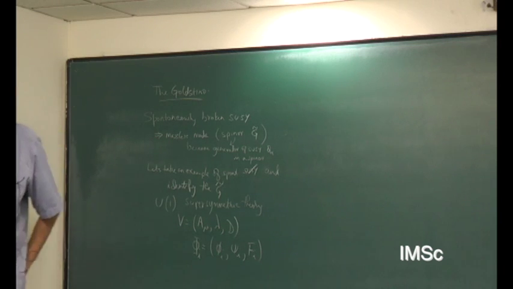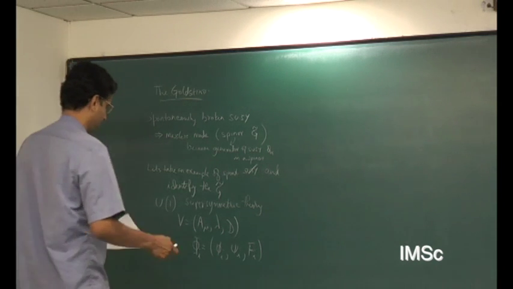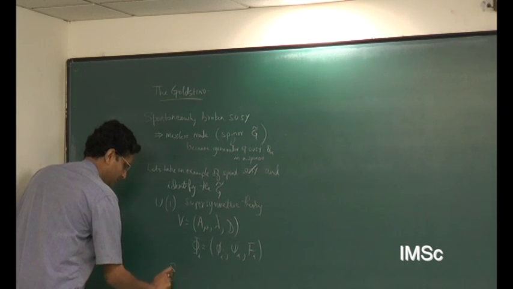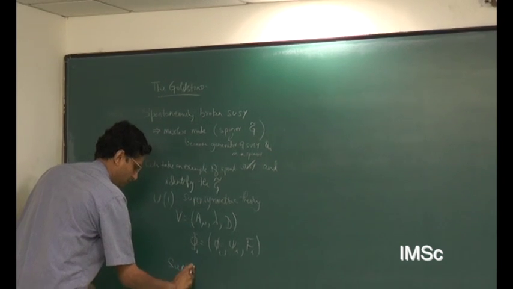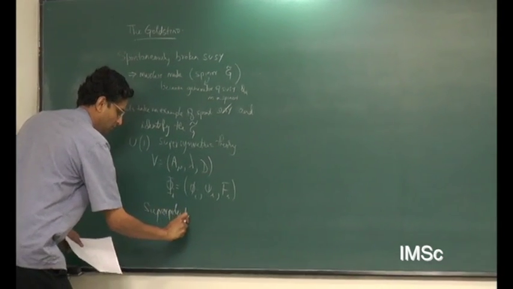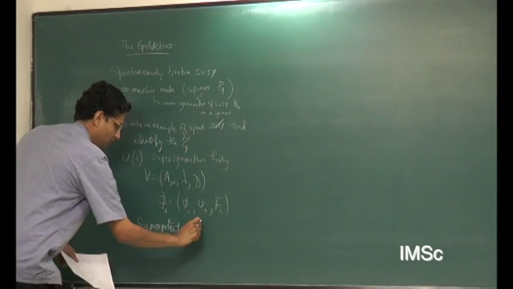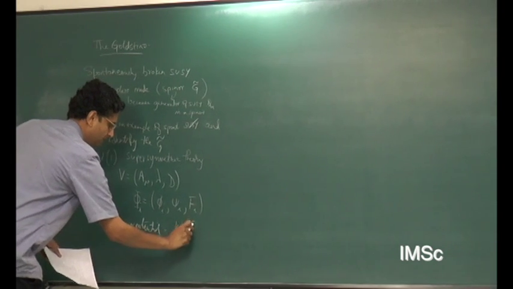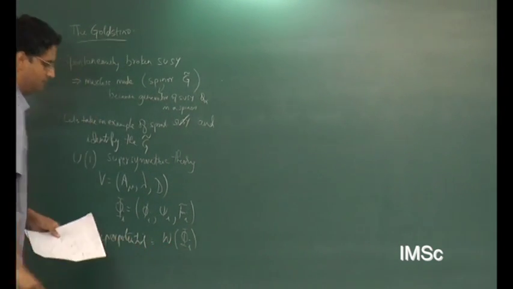So we'll take this theory, and let's say the superpotential is W of these chiral fields.